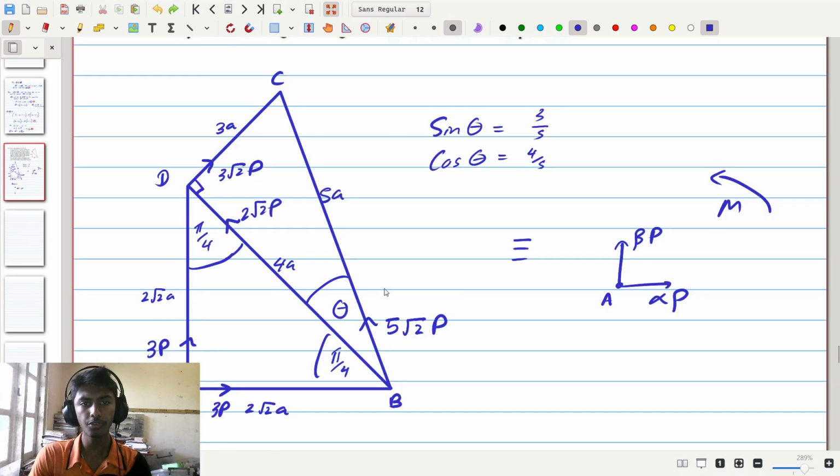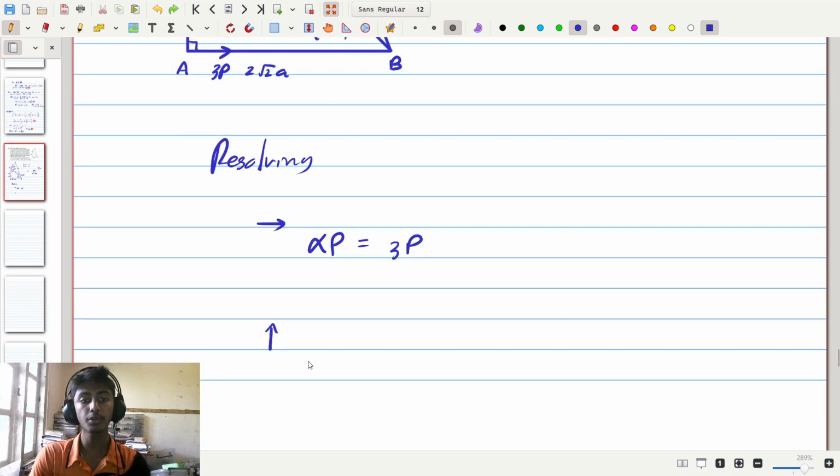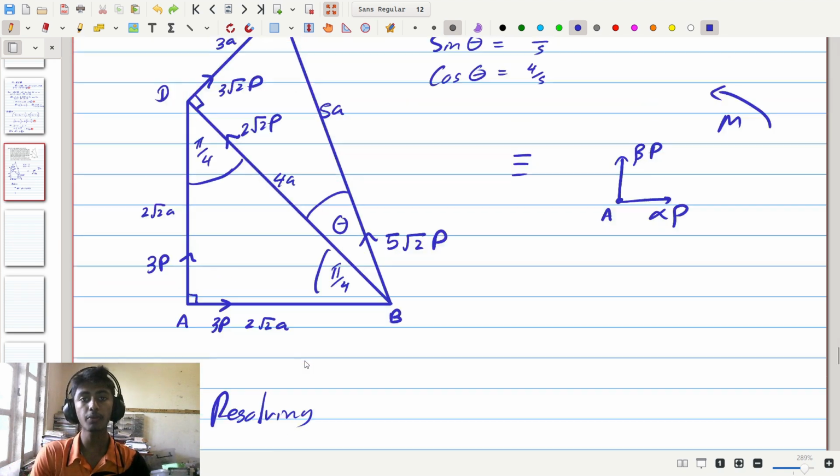Out of the other forces, we have 2 root 2p in this direction, so we need to take the cosine of pi by 4, so plus negative 2 root 2p cosine pi by 4, and it's negative of course because it's in the leftward direction, but we took the rightward direction as positive.